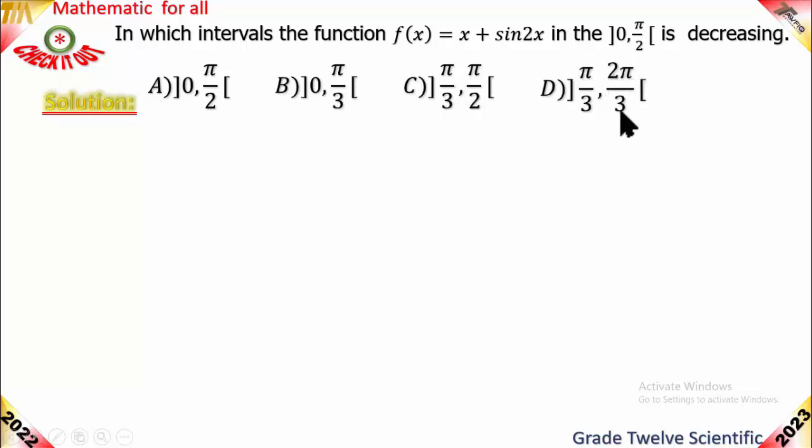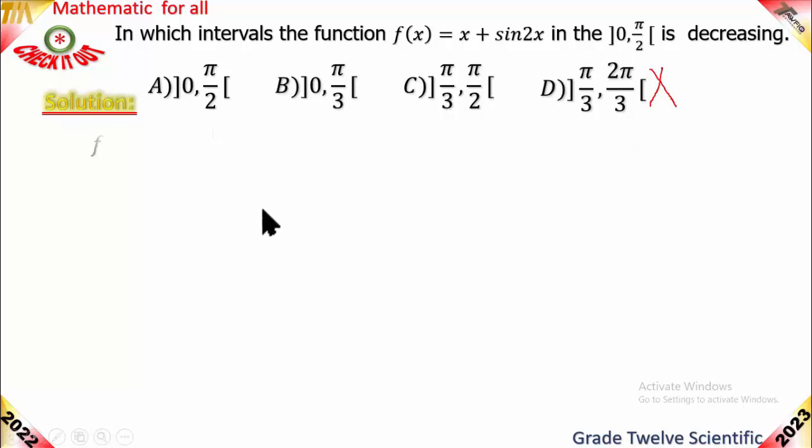As you can see, 2 pi over 3 is 120 degrees. That means it does not belong to this interval. That means this one is not a solution. And now we want to know, you have some values.